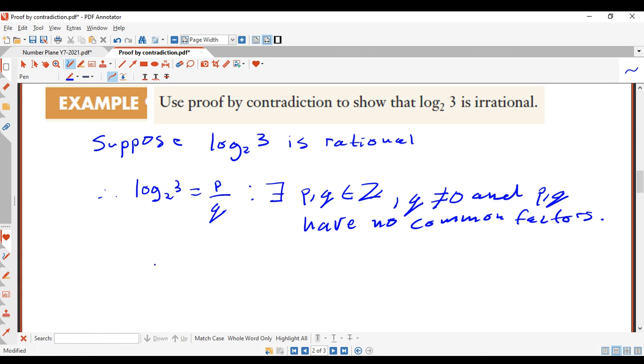Okay, now by definition then we're going to have 2 to the power of P over Q is equal to 3.